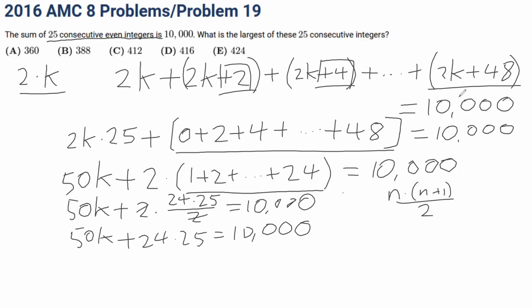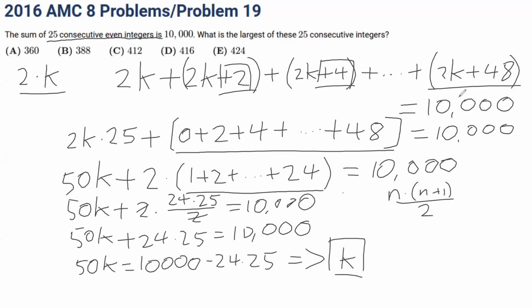And so I do not have the time to actually solve this, but from here, you can subtract 24 times 25 from both sides, divide by 50, and then you would get what k is equal to. And since they're asking for the largest of the 25 consecutive integers, we must find 2k plus 48. So what you would do is plug k into 2k plus 48, and then that would be your answer.